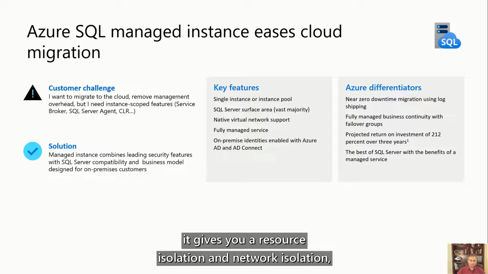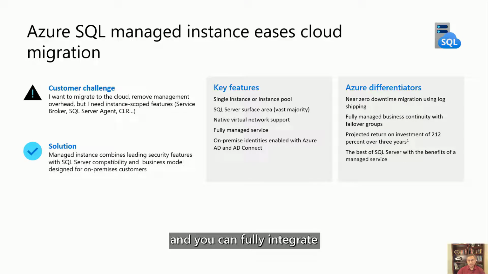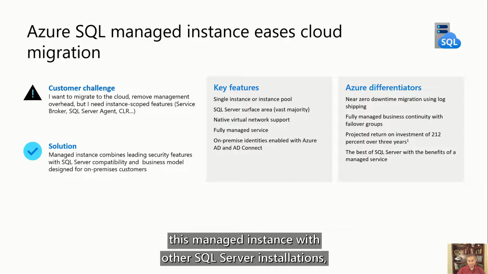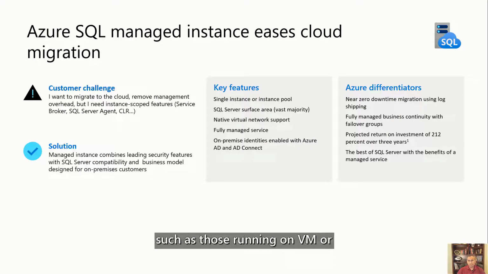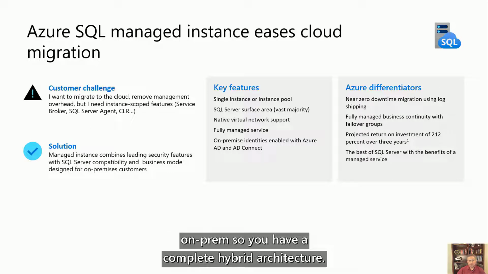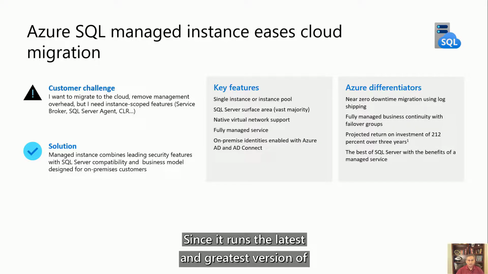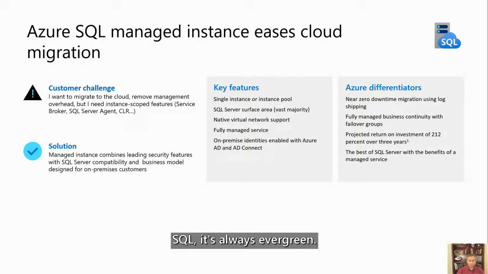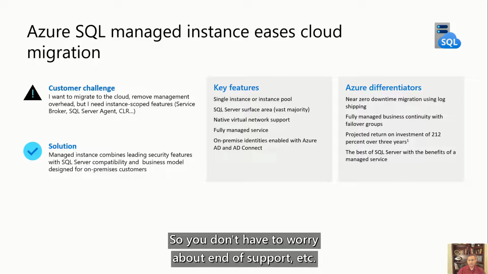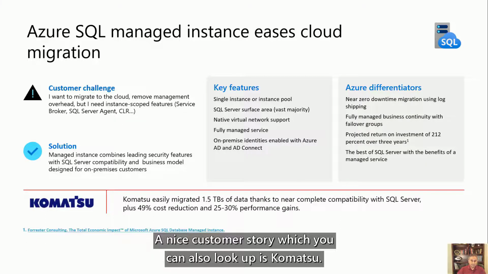So it gives you resource isolation and network isolation, and you can fully integrate this managed instance with other SQL Server installations such as those running on VM or on-prem, so you have a complete hybrid architecture. Since it runs the latest and greatest version of SQL, it's always evergreen, so you don't have to worry about end of support, etc. A nice customer story which you can also look up is Komatsu.